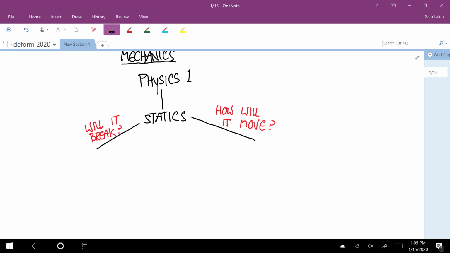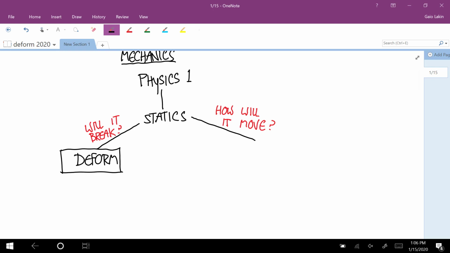As far as answering the questions about fracture and deformation and damage, the next class after statics is this one, deform. Almost every place in the world calls it mechanics of materials, but we call it deform.